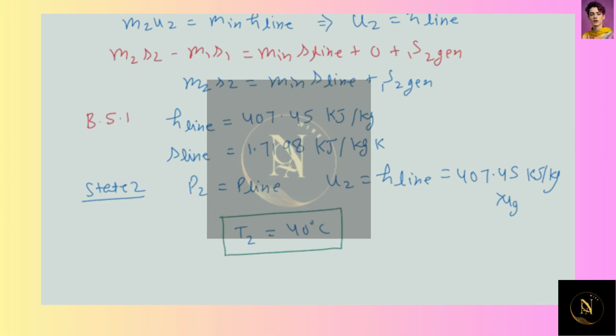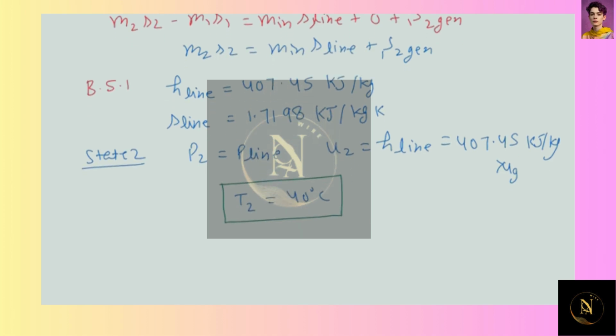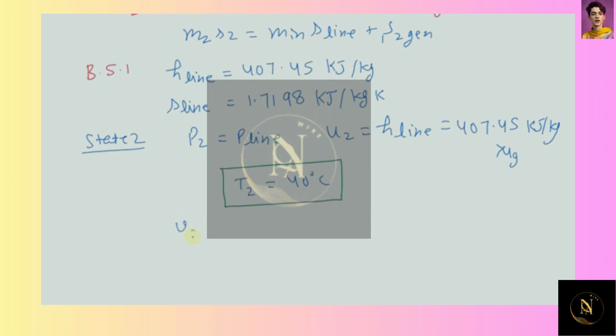And now let's write other properties. So we can write v2 is equal to 0.04656 meter cube per kilogram, and s2 is equal to 1.7971 kilojoule per kilogram Kelvin.